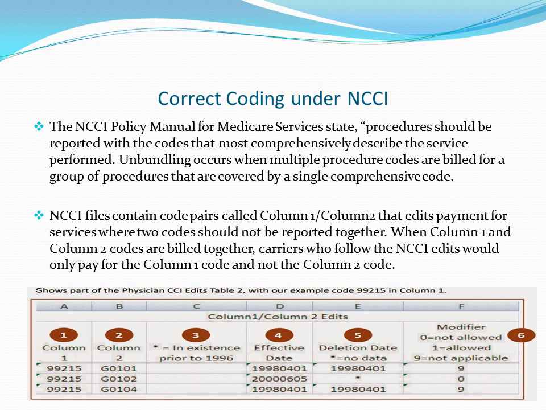The NCCI file contains code pairs called Column 1 and Column 2 that edit payment for services where two codes should not be reported together. When Column 1 and Column 2 codes are billed together, carriers who follow the NCCI edits would only pay for the Column 1 code and not the Column 2 code. And there I have an example below that shows you Column 1 and Column 2 codes.